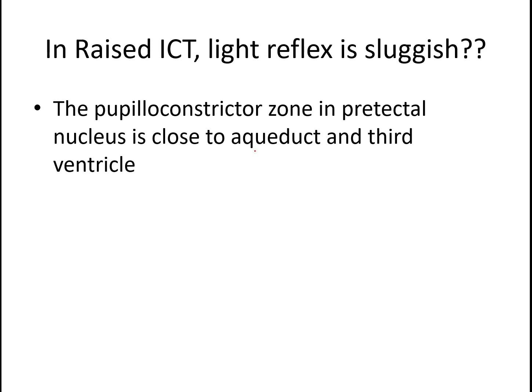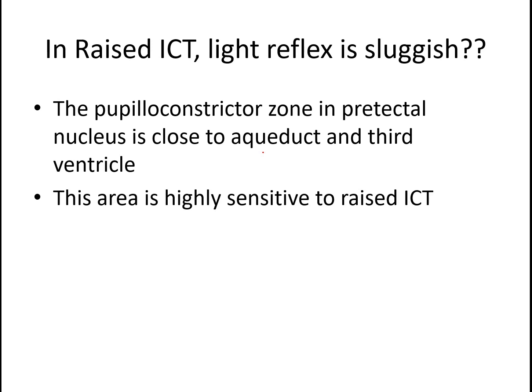It's a very narrow tract which connects the third ventricle to the fourth ventricle. The pupillary constriction zone in the pretectal nucleus is very close to the aqueduct of Sylvius, and this being a common site of lesion in raised intracranial tension patients, the light reflex sometimes becomes sluggish, because it is highly sensitive to raised intracranial tension.